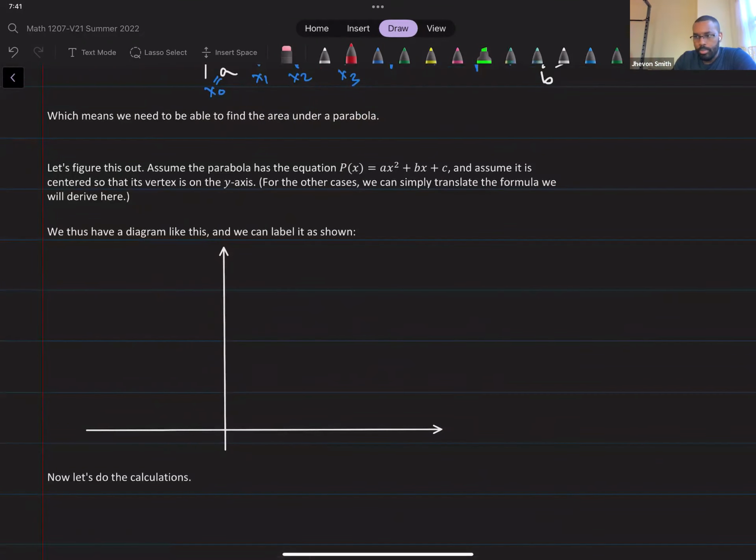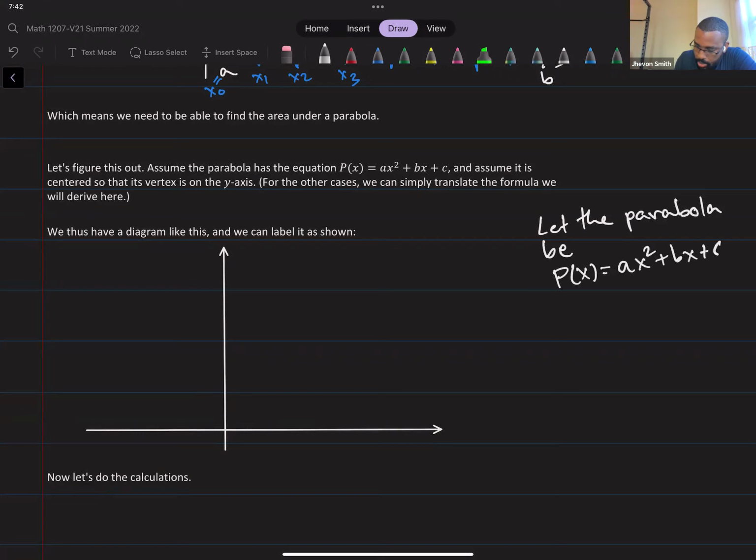So here, you know, let the parabola be p of x equals ax squared plus bx plus c. Okay. And so let's imagine that there is an interval here that we care about, to here.